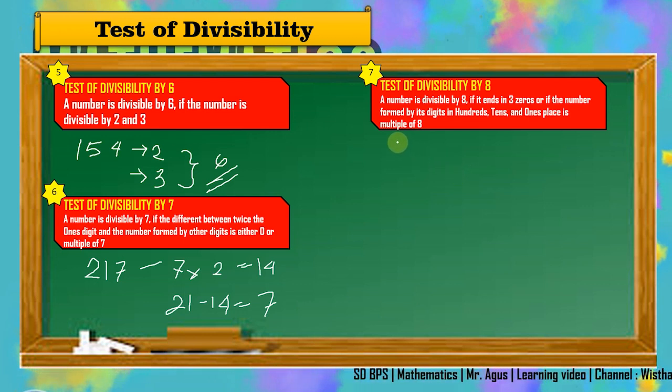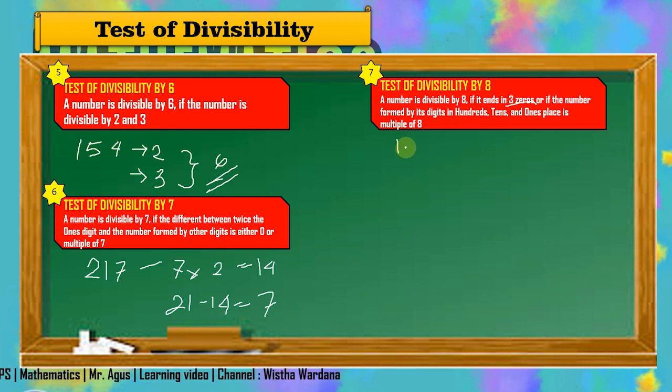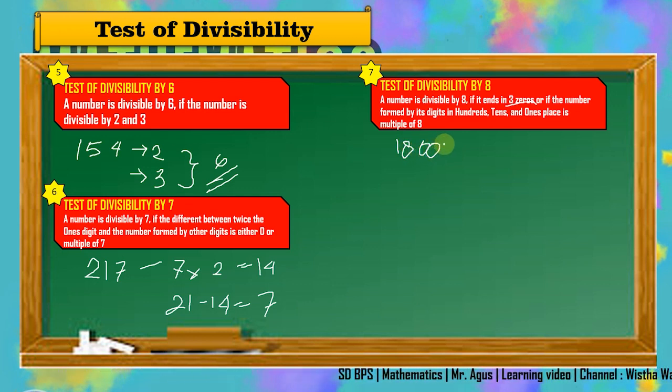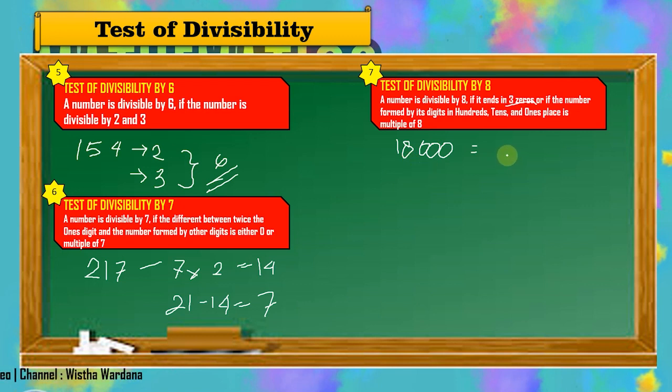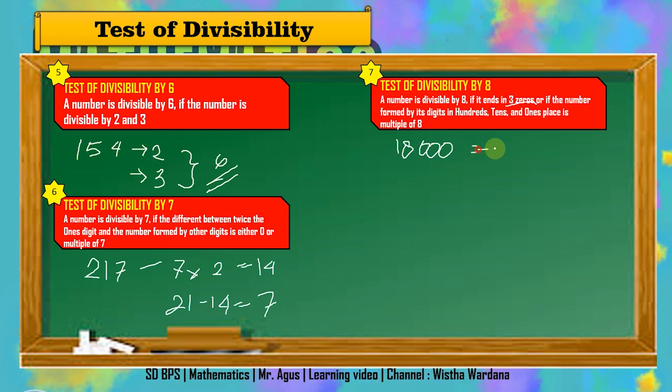For the first requirement, 3 zeros, for example the number 18,000. In 18,000 we know the last three digits are zeros, so it means 18,000 is divisible by 8.